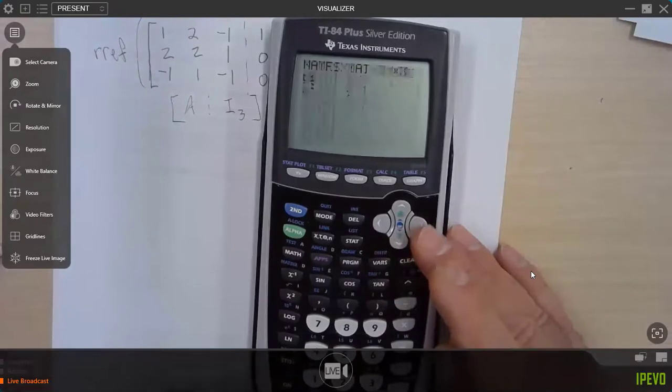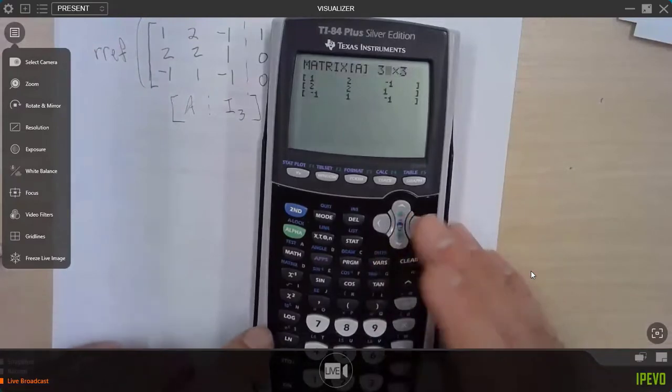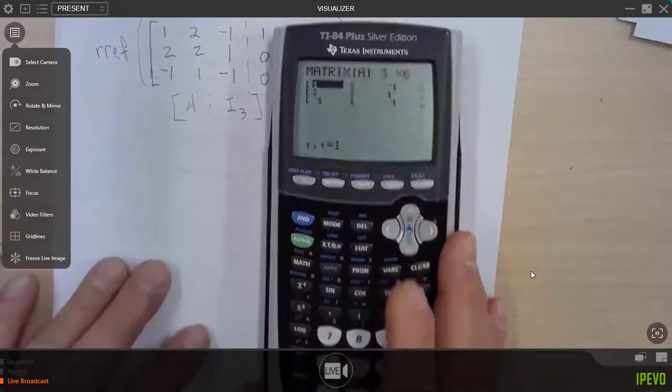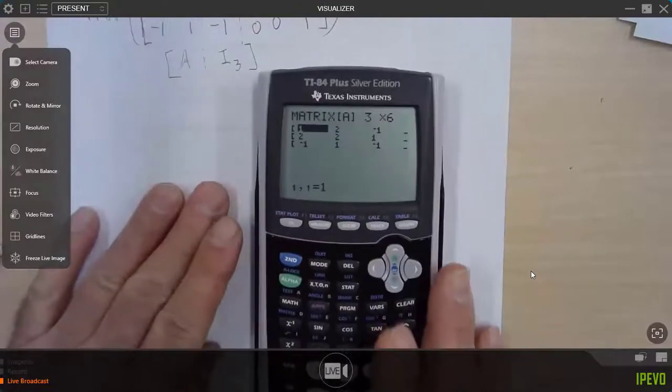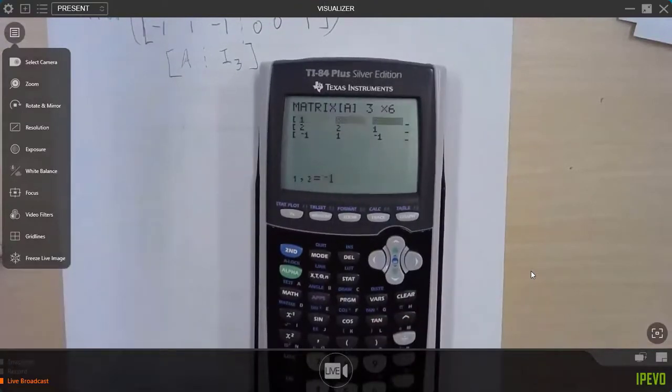So I'm going to go to A here, and this is going to be a 3x6 now. Okay, so I want 1, 2, minus 1. And then 1, 0, 0. Then 2, 2, 1. And 0, 1, 0. One thing I don't like about the calculator is once the matrices get big, it is awfully hard to see what's going on.